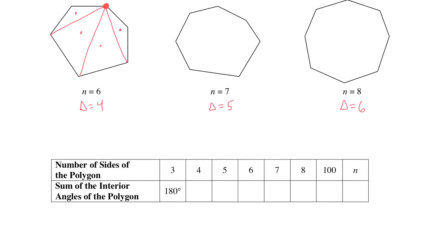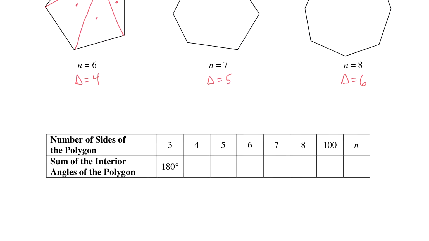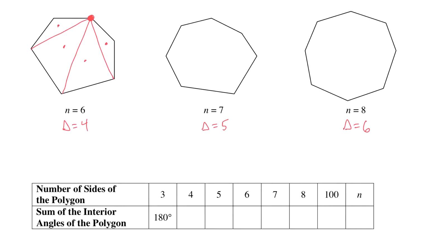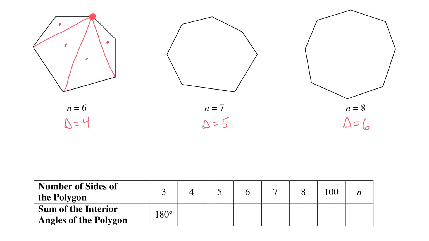This is what we're building up to. When we had 3 sides, the sum of the interior angles was 180 degrees. With 4 sides, we said it was 360 degrees.